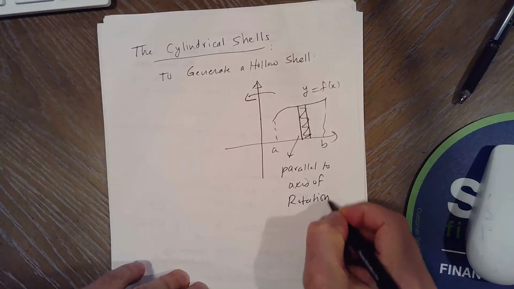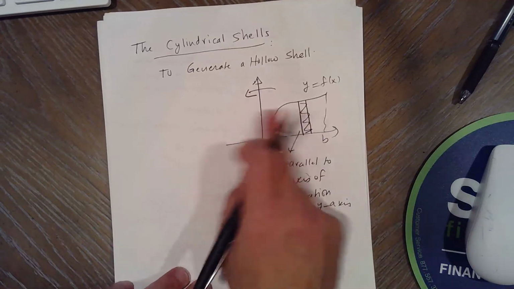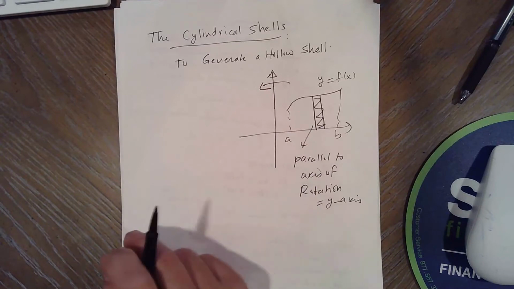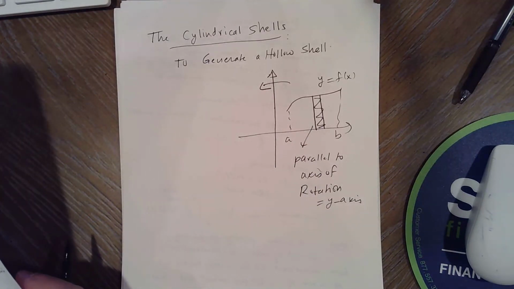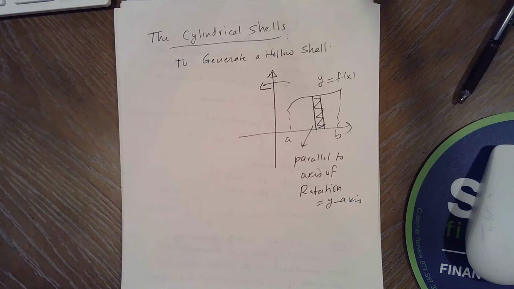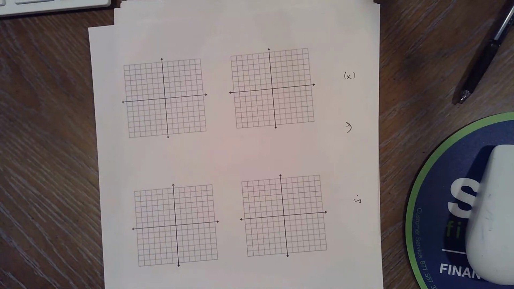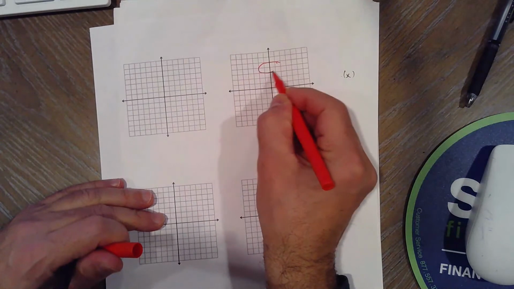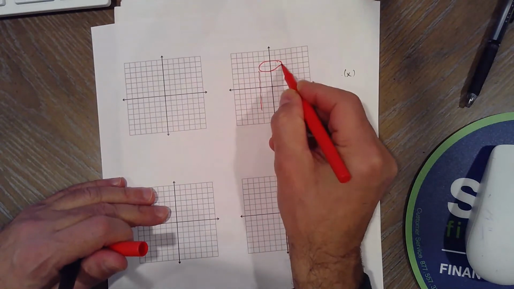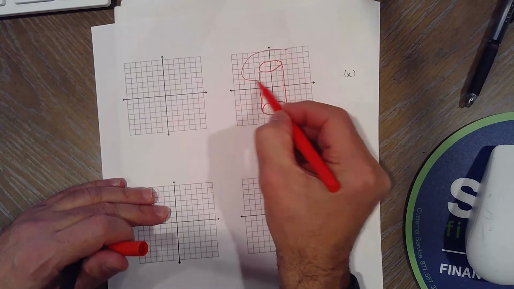In this case, the axis of rotation is the y-axis. Okay, so if you do that, you're going to get a hollow shell, and let me just graph that as much as I can. You're going to get something somewhat like this. Again, this is not the best one to draw, but it's okay. I'll do my best.